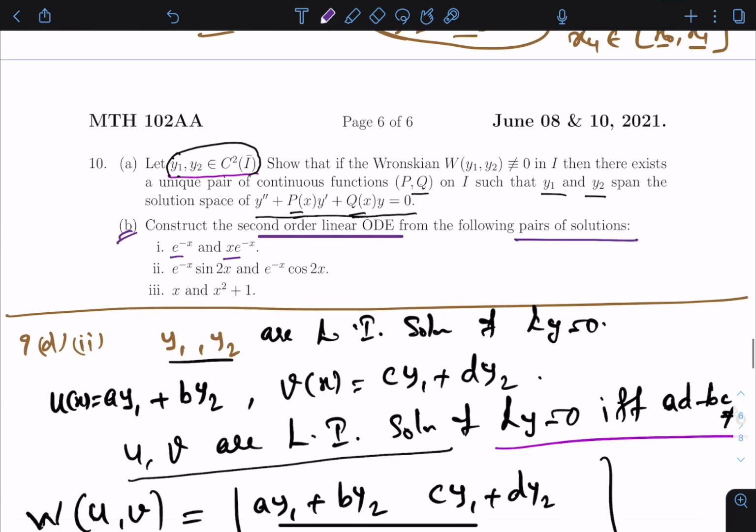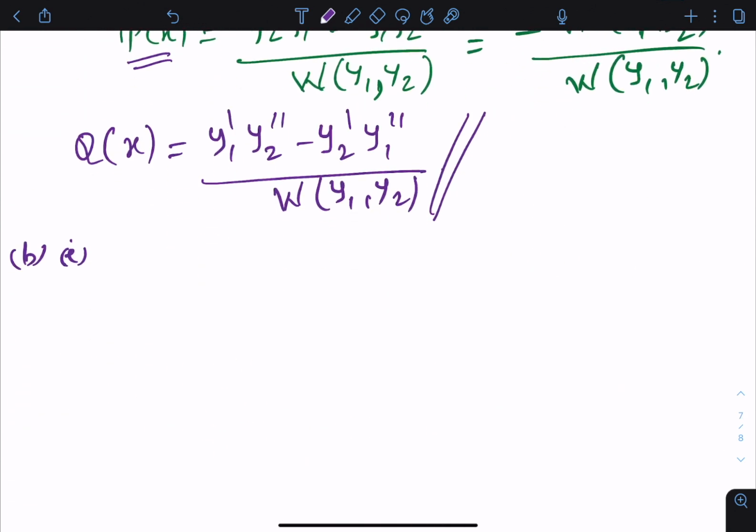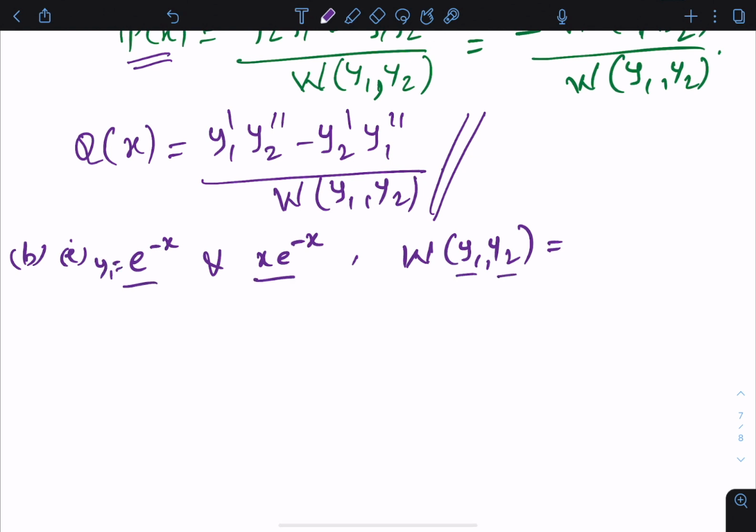So for (i), you are given e to the power minus x and x e to the power minus x. You just have to use the formula, right? We already have formulas for p and q. So to use them, we have to find the Wronskian. If you use y1 as e to the power minus x and y2 as x e to the power minus x, you are going to get the Wronskian to be e to the power minus 2x.